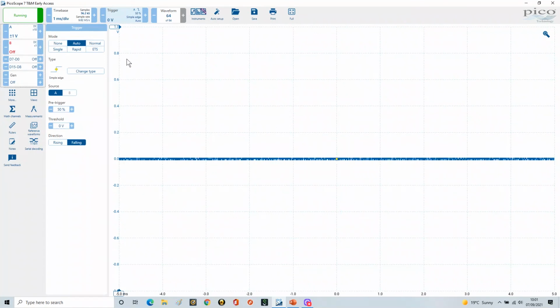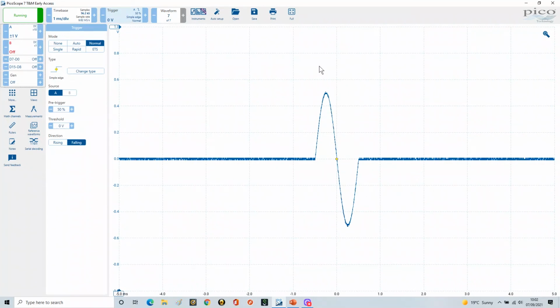And this is where normal comes in, because normal will only trigger on the actual signal event. It's looking for the characteristics that you've set up here, and it's only going to trigger when it sees those conditions. So let me now go to normal, and now you will see that it's locked the signal, and this will update every 2 seconds because my signal is being issued once every 2 seconds.